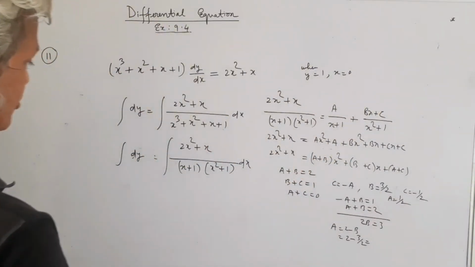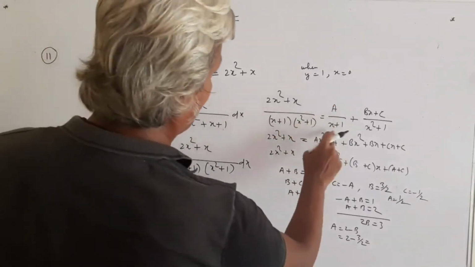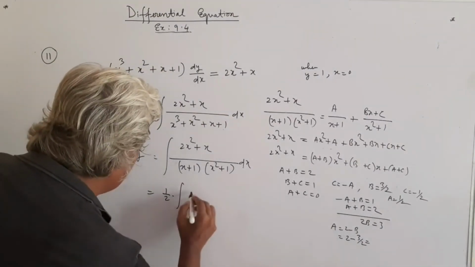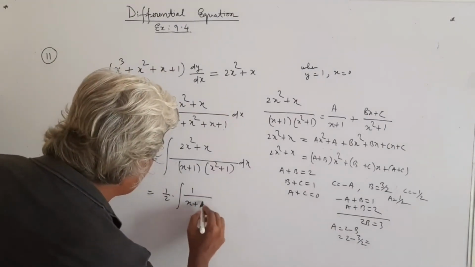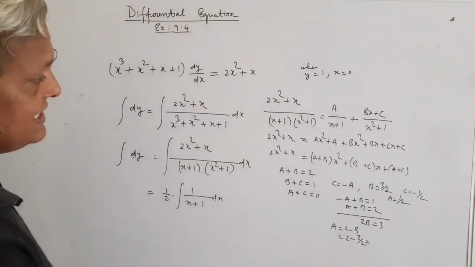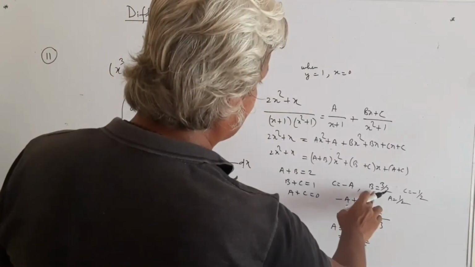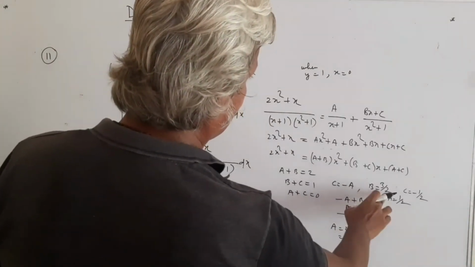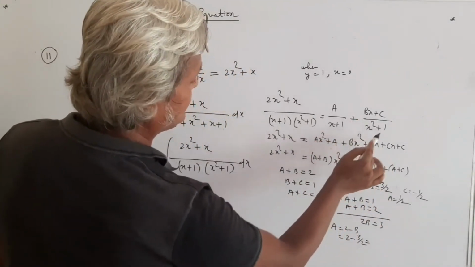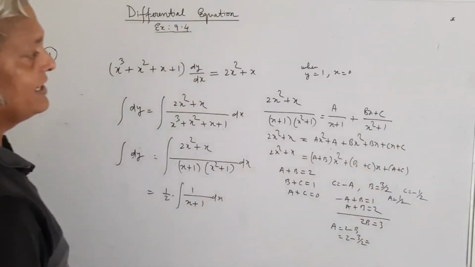Okay, so what do we get? In place of the numerator I write a over x plus 1, and a is half, so this becomes half times 1 over x plus 1 dx. Now I go for this bx plus c. Here b is 3 by 2, so I separate it: bx upon x square plus 1 in one term, and c upon x square plus 1 in another term.